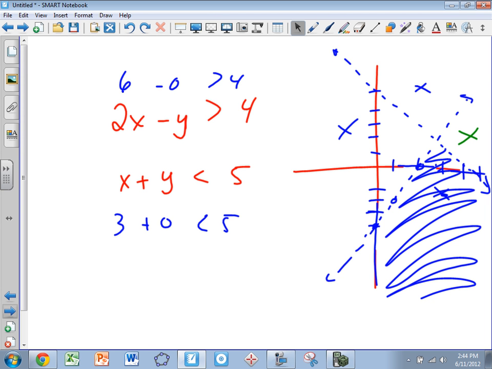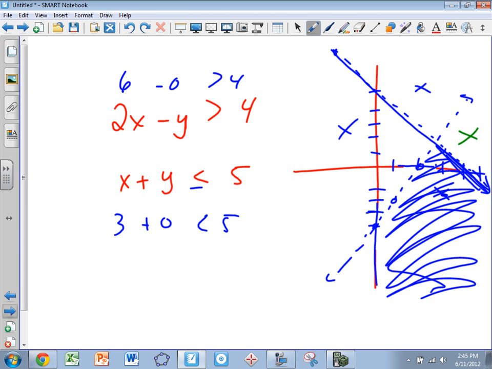Okay? If the lines had been solid, it would have been because it was greater than or equal to, or less than or equal to up there. You could have a mix, by the way. Look, you could have that as less than or equal, then this one is solid, and the other one is just that. All it means is this. Right now, my solution set is in this region, and it could be on the line here, but it can't be on the line here, the dash line.